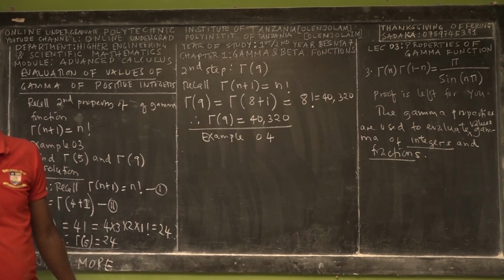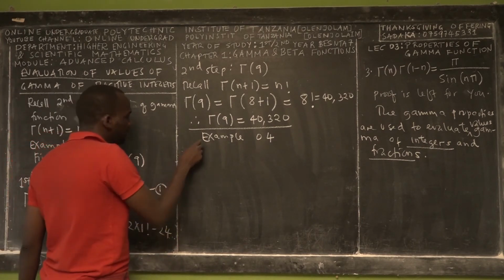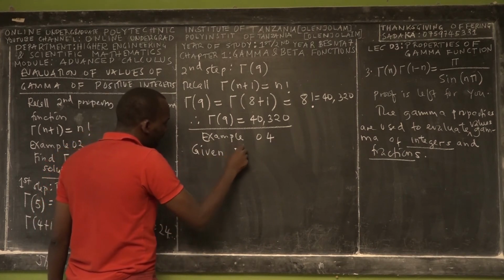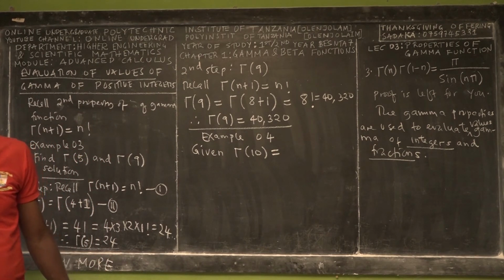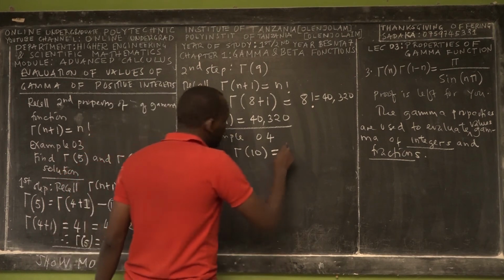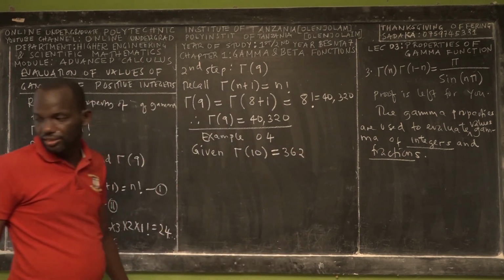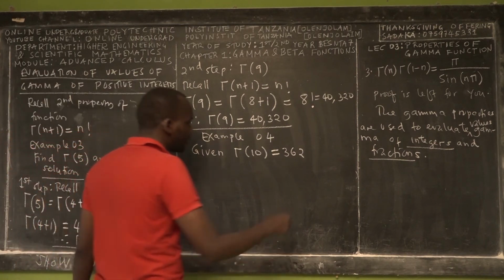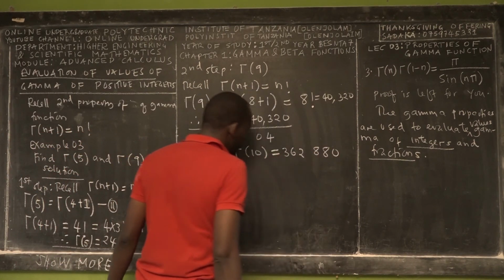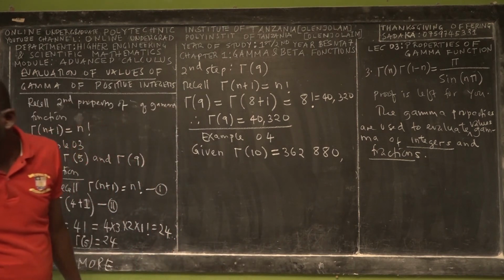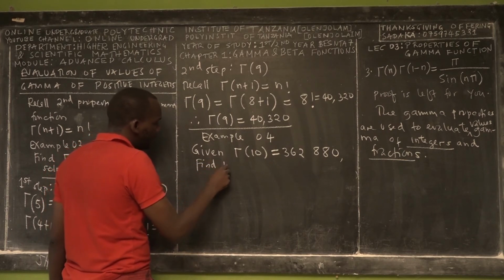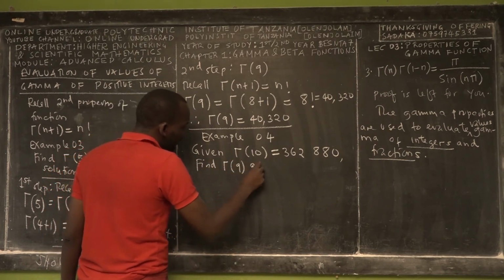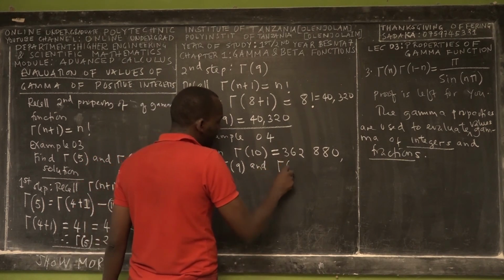The question asks: given gamma of 10 is equal to 362,880, find gamma of 9, and also find gamma of 8.